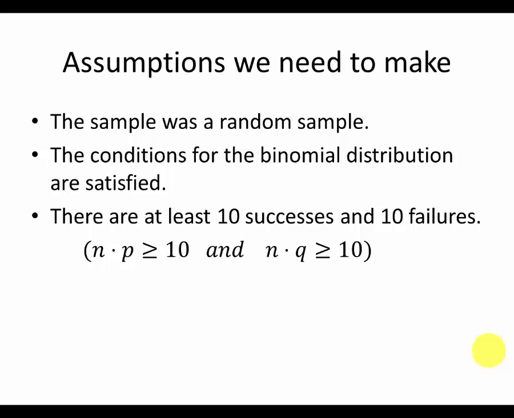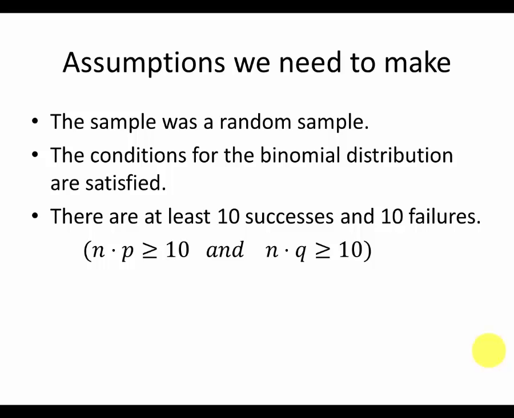Before we work our next example, we want to talk about a few assumptions we need to make in order to rely upon the bell curve showing up when we're working with sampling distributions of proportions. The first thing we want to make sure is that our sample was a random sample, as well as the conditions for the binomial distribution are satisfied.